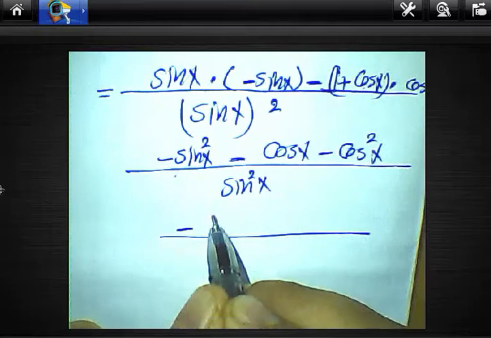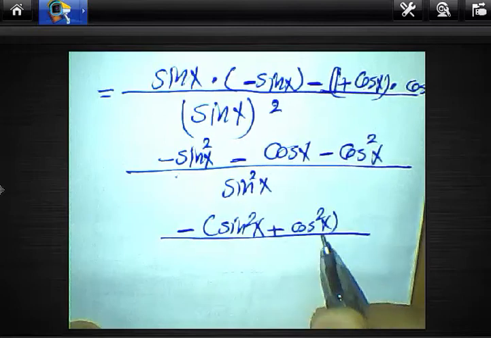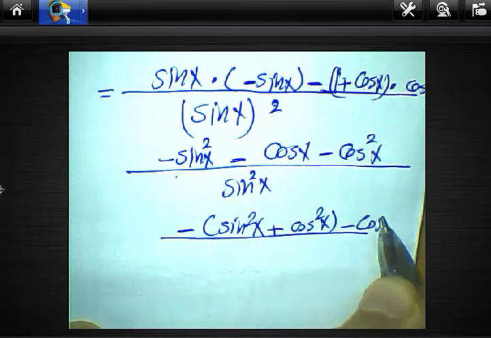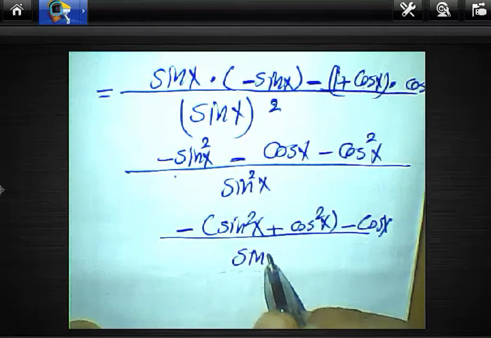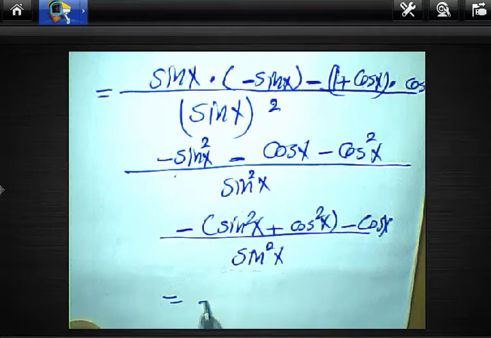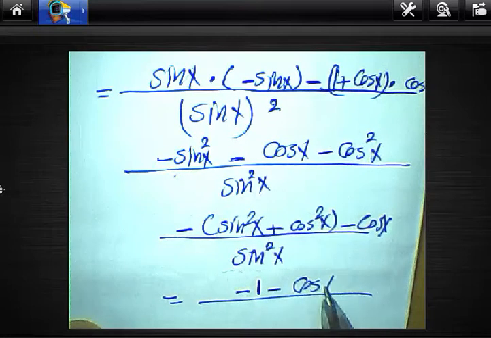Write negative outside here. The result will be sine power 2 of x plus cosine power 2 of x. Subtract cosine x, and here in the numerator we have sine power 2x. You can simplify it. It's an identity. The result will be negative 1 subtract cosine x over sine power 2 of x.